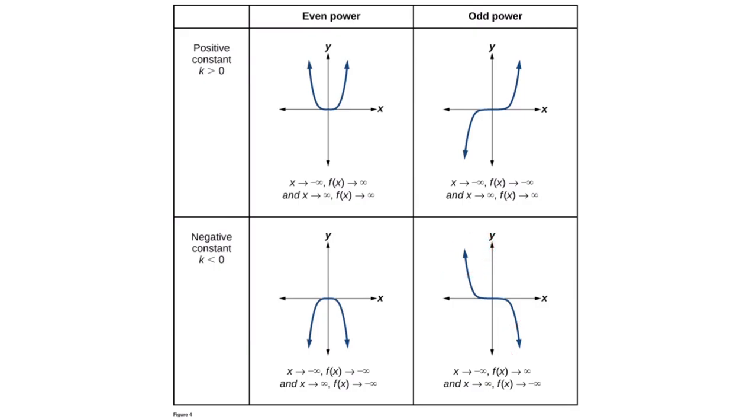So a positive coefficient means up to the right; a negative leading coefficient is down to the right. When the degree is even, the other side does the exact same. When the degree is odd, the other side does the opposite. All right? So that's the recurring thing. That's how I kind of memorize those.